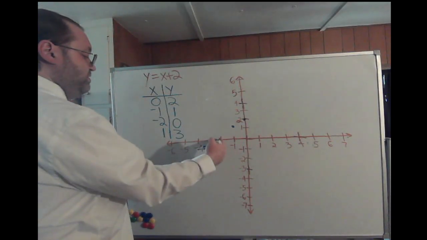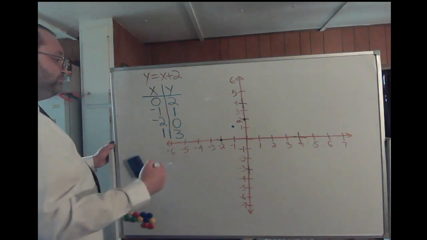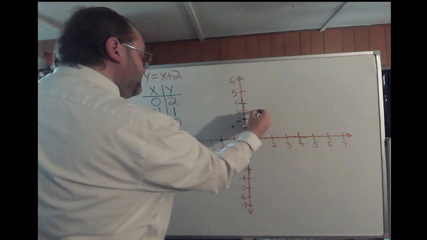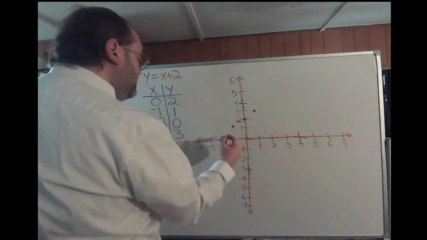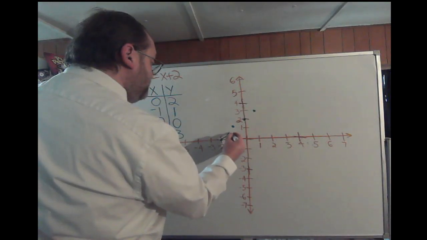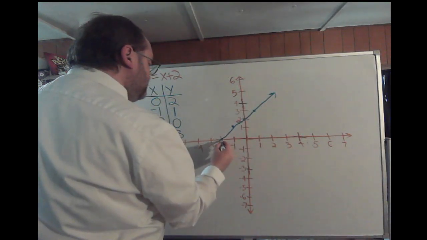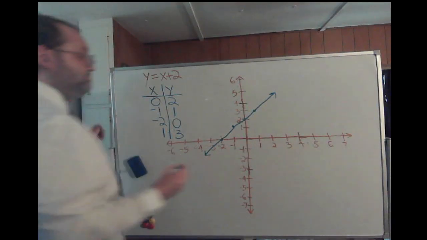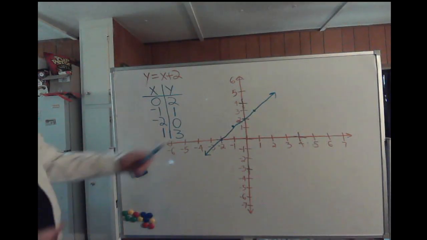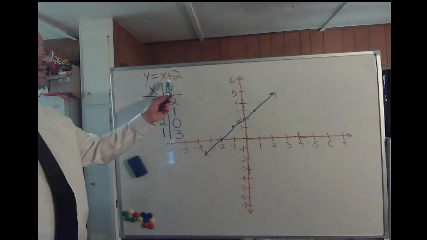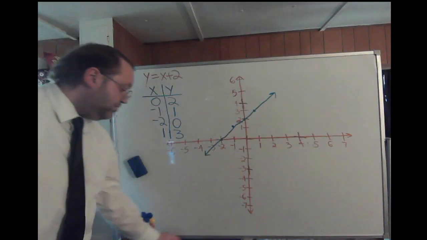Just over to the left 2, up 0. Then you have 1, 3. So here's 1, 3 right there. And then at this point, just connect the dots. You'll get a nice line here. We have a line that formed from connecting the dots. So that's what y equals x plus 2 looks like in line form.